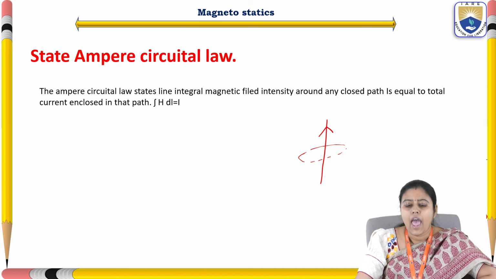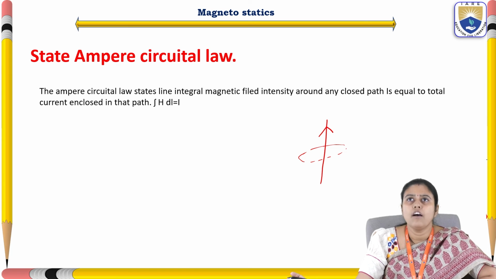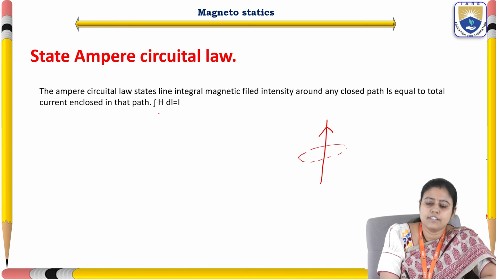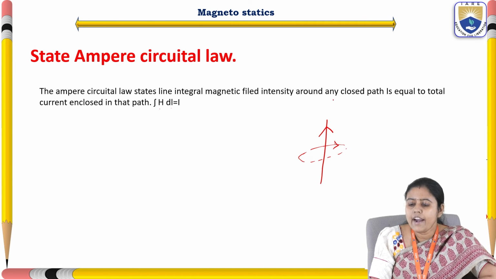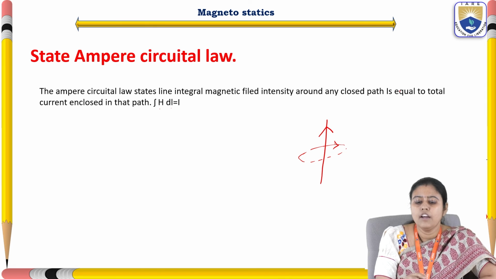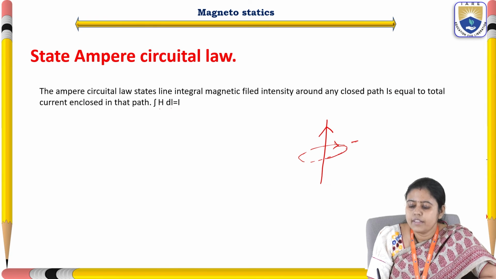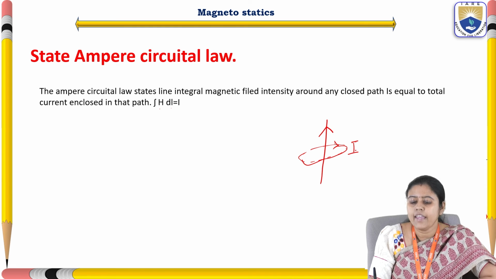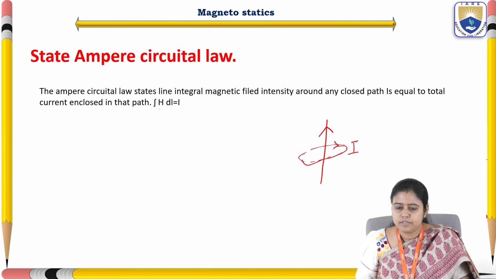That is, the closed line integral of H dot dl is equal to the total current enclosed in the path. If the current flowing is I, then the integral of H dot dl is equal to I.